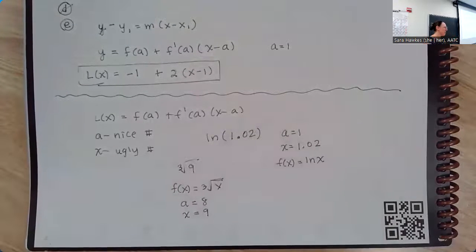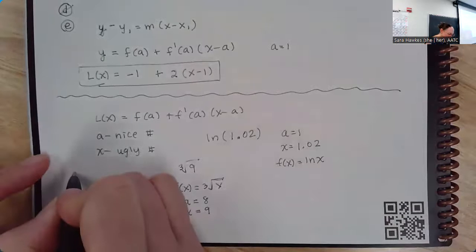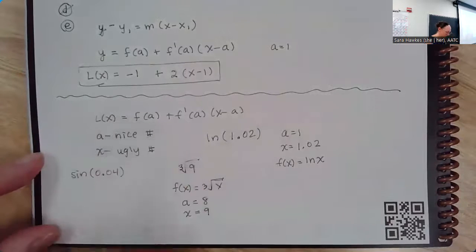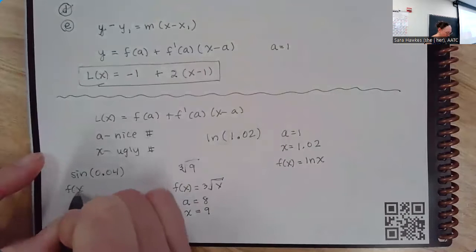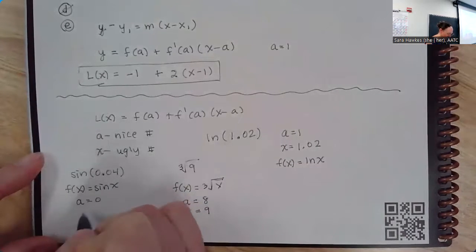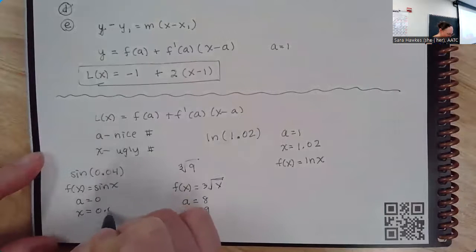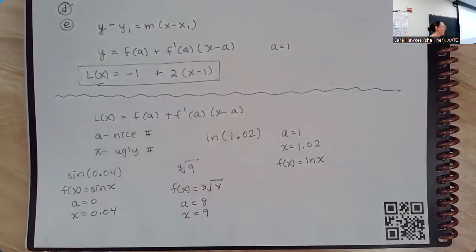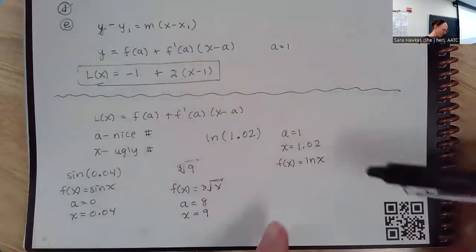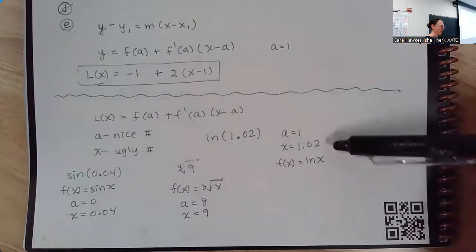If I was asked to find sine of 0.04, my function is sine of x. My nice number is 0, and my ugly number is 0.04. So the process is the same. It's just a matter of whether you have to identify the nice number and the ugly number on your own.